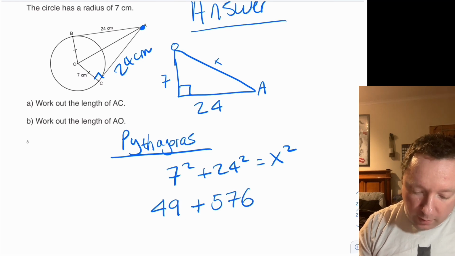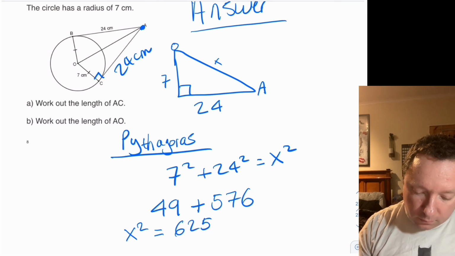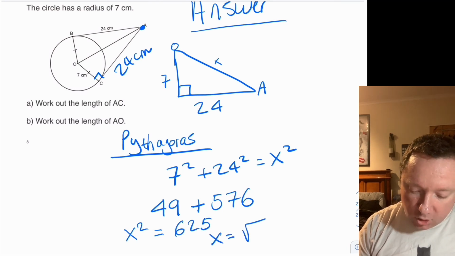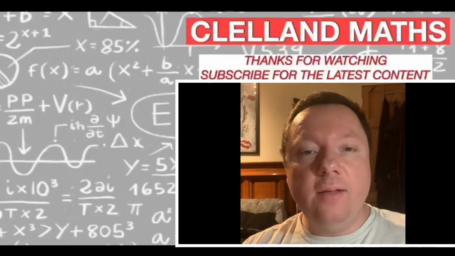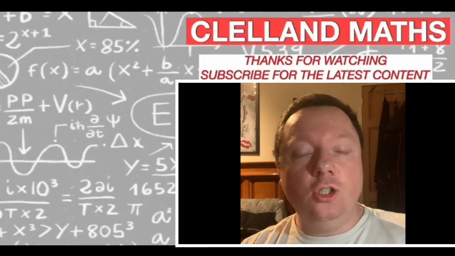So X squared equals 625. So X is the square root of 625, which is 25 centimetres.